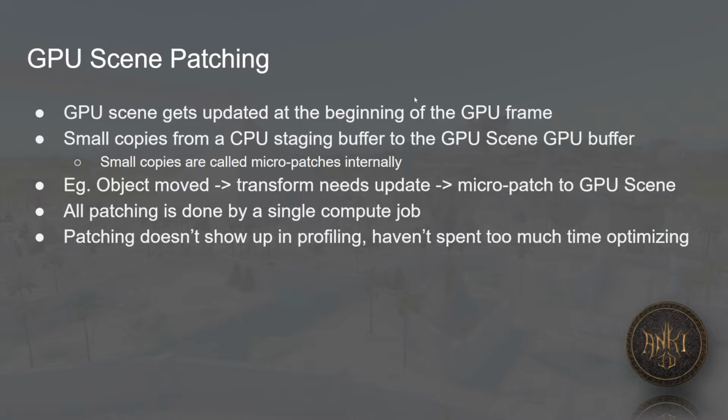So this object creates a micropatch request. Then the renderer gathers all micropatches and dispatches a single compute job to perform the update. Patching doesn't show up in profiling, and we haven't spent much time optimizing it, and that's why I will not go into details on how it's actually implemented.